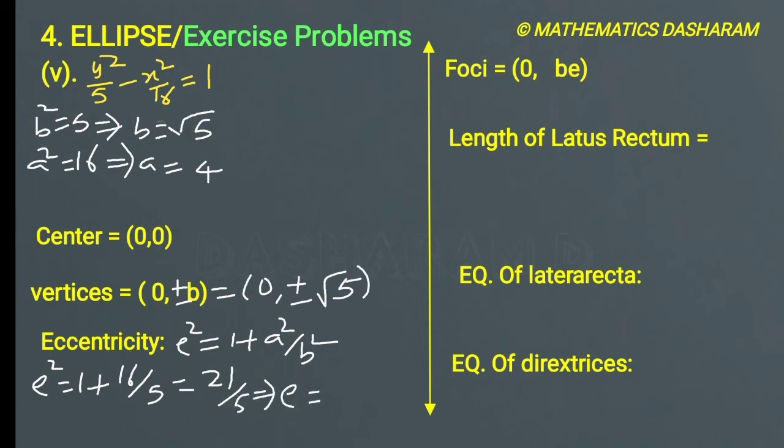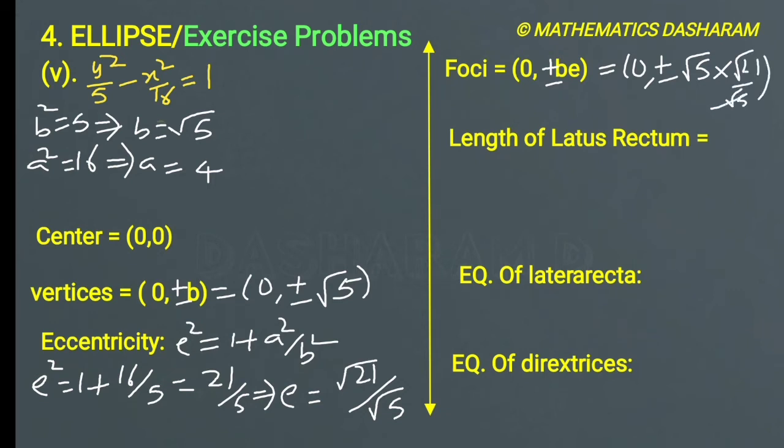Then e equals under root 21 divided by, let's apply the square root for numerator and denominator, root 5. Next, foci is 0 comma plus or minus be, so 0 comma plus or minus b value root 5 into e value root 21 divided by root 5. Here root 5 is cancelled, so 0 comma plus or minus under root 21.